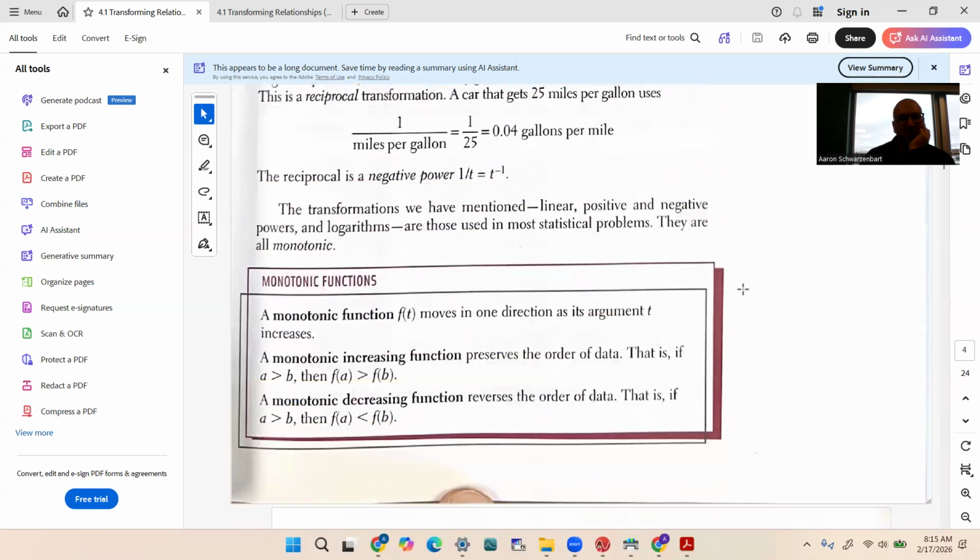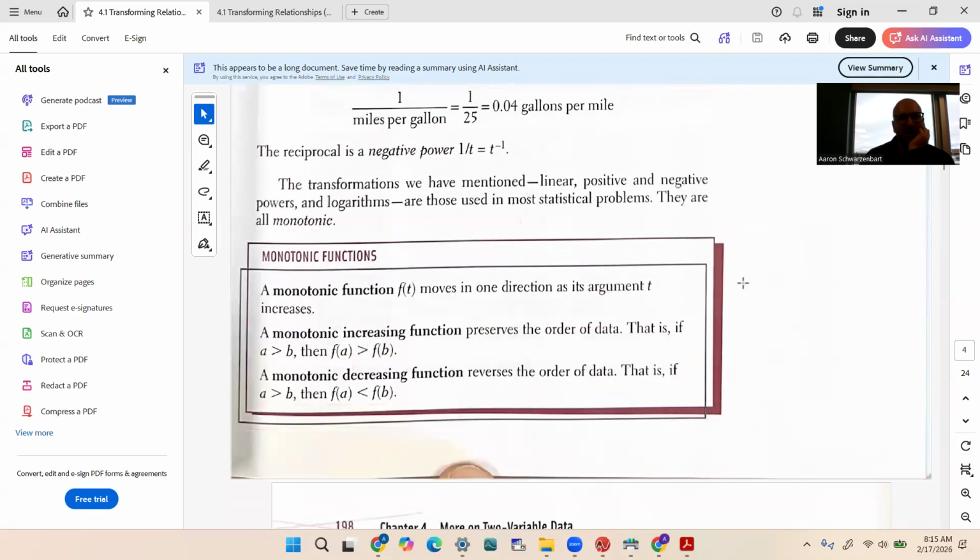So a couple important things. Monotonic functions means it's only moving in one direction, as t increases, or as whatever on the x-axis increases. So as I'm going left to right, it's either going up or down.